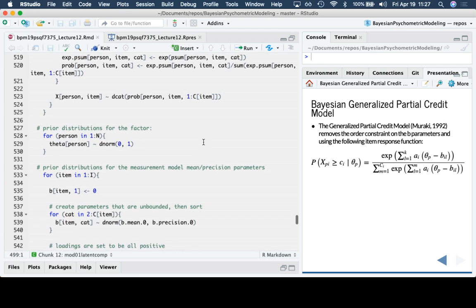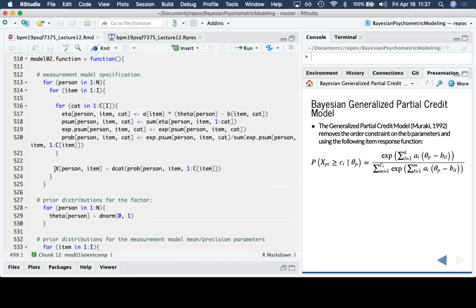Okay, so in this model, what do we have to do that's different? Again, you'll note the dcat is the same in the syntax. We just have to change the way that we generate the probabilities to make this work. The generation system here, I start with the interior of the kernel, and then I sum that up, and then I take the E of it, and then I finally create that final probability, and you'll see this outer sum.